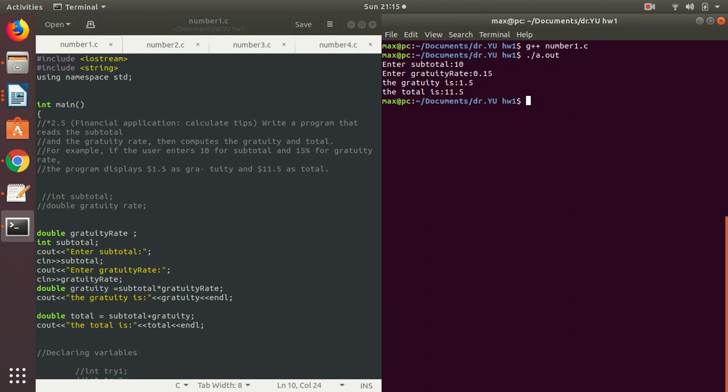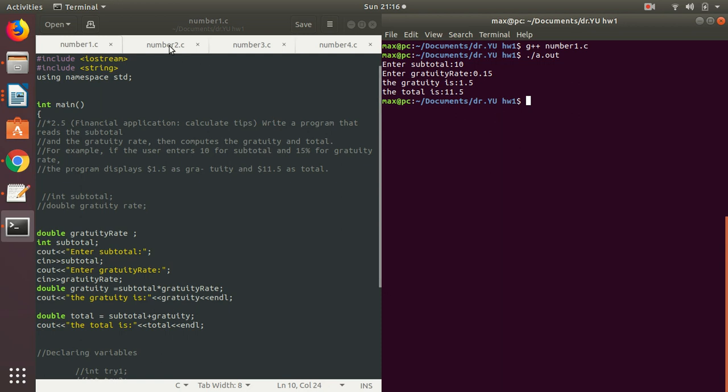That gives you the gratuity of 1.5 as stated here, and the total of $11.5. This can be any value entered, but for this instance we used 15 and 10.